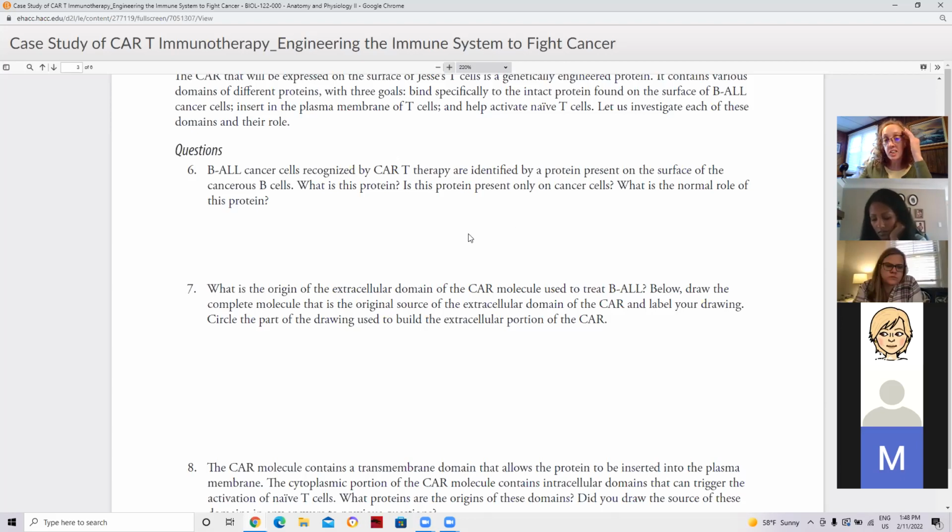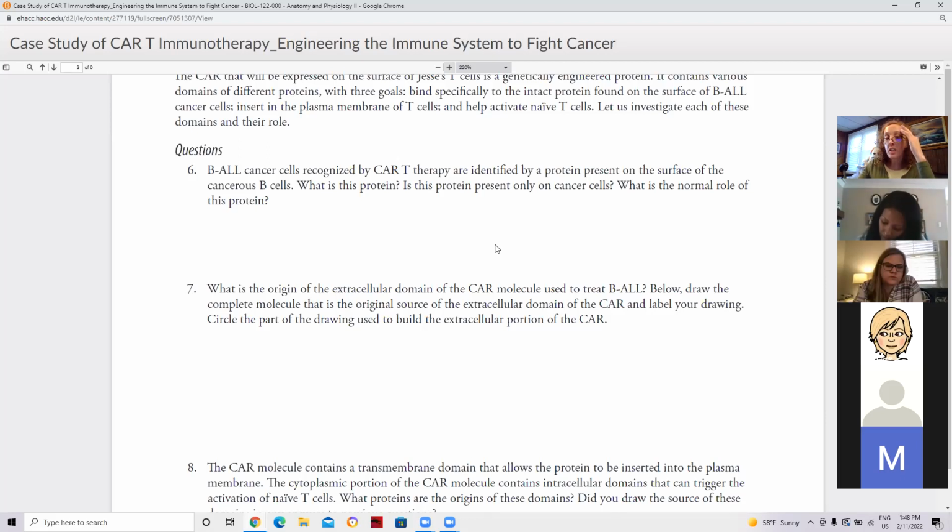So the protein is CD19. Is it only present on cancer cells? Because CD19 is only found on naive, unactivated B cells, and most cancers are undifferentiated cells.